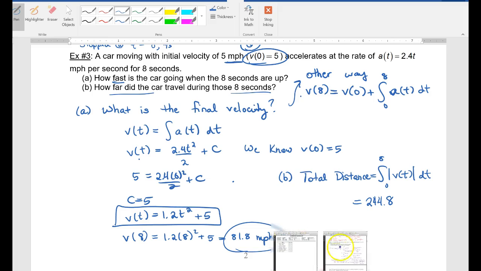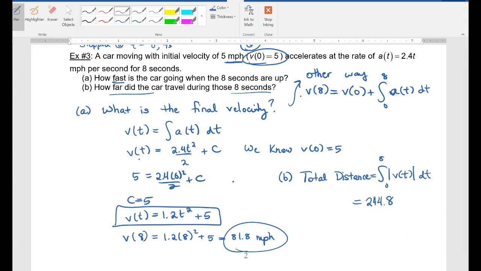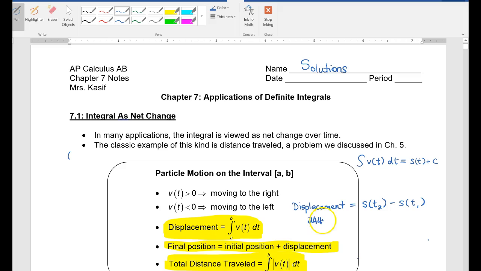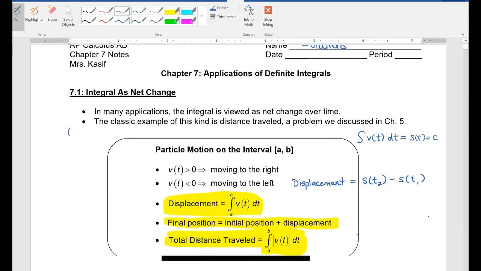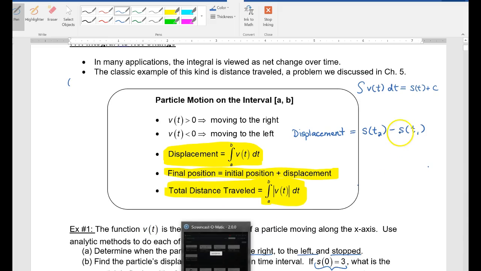So 0.068. I think I'm going to have to start using a different program here. I know, but there's a reason that I ink on the actual Word document.